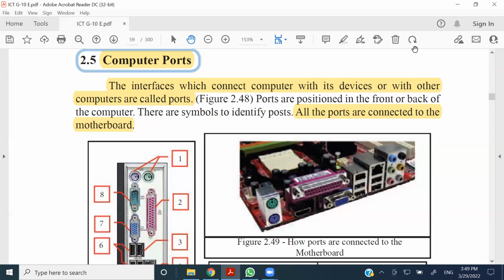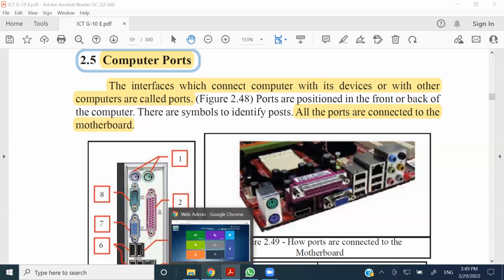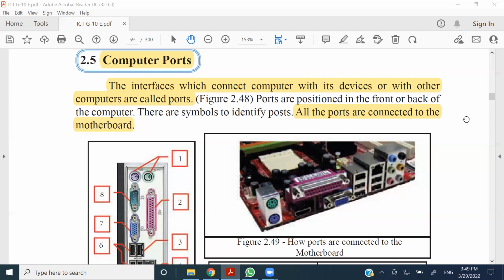Okay, one is done. How about others? Okay, is there anyone who is still writing?